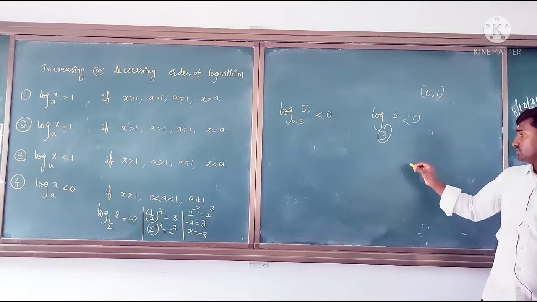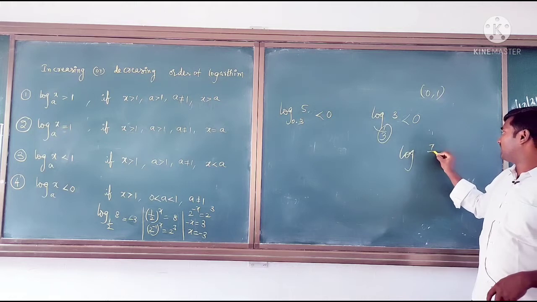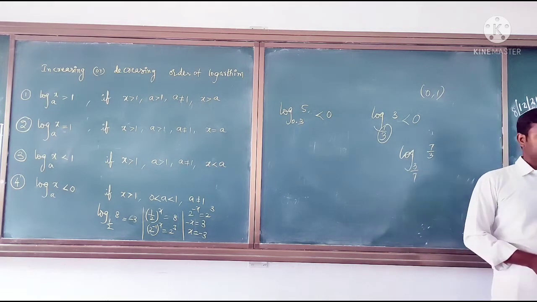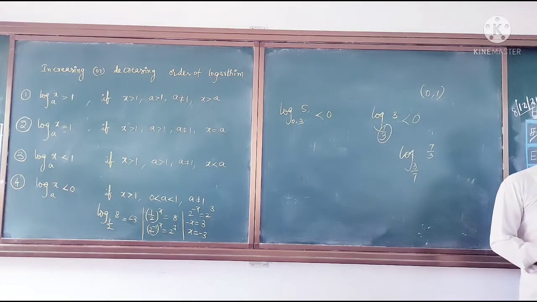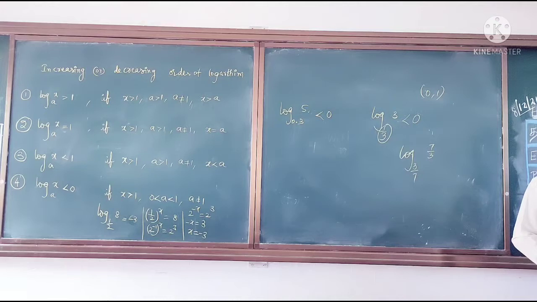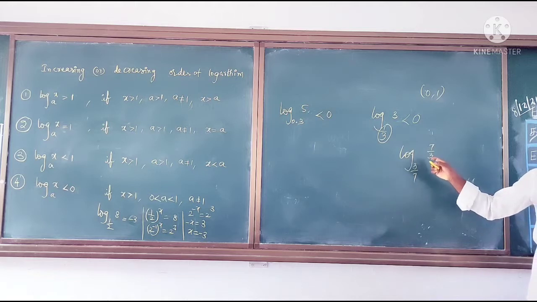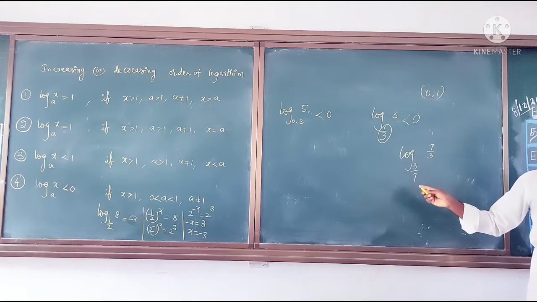Okay, suppose log 7 by 3 to the base 3 by 7 is less than 0 or greater than 0? Less than 0. 7 by 3 is greater than 1, so x is greater than 1. 3 by 7 is less than 1.